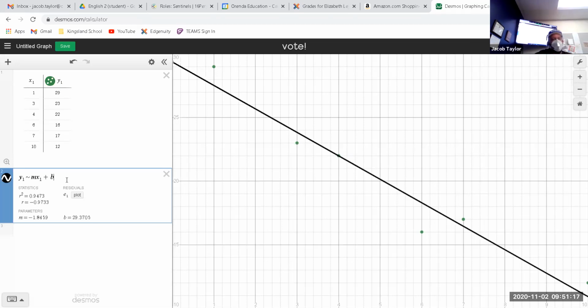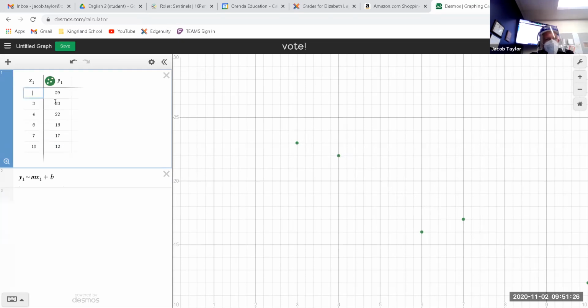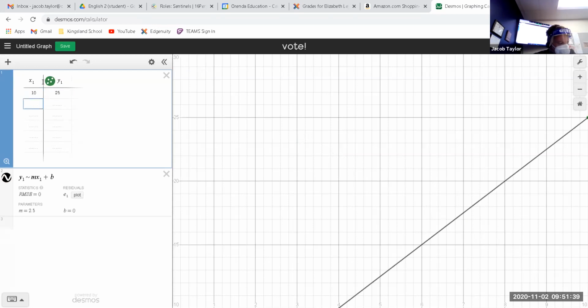Okay, let's adjust this a little bit. I'm just going to delete what's in the table here, and I'm on page 6 with this. I want to show you an example of weak and positive correlations. So I'm going to do 10, 25.